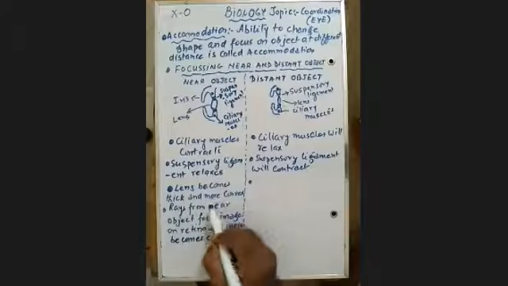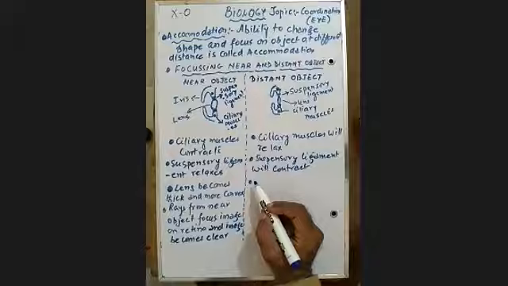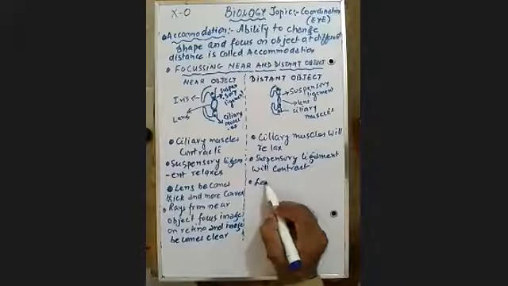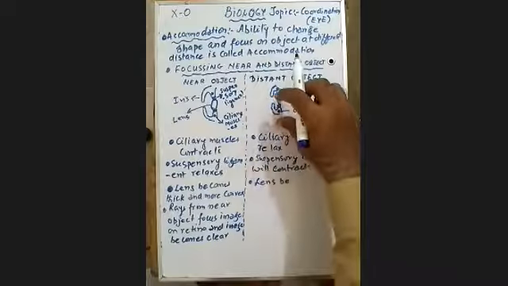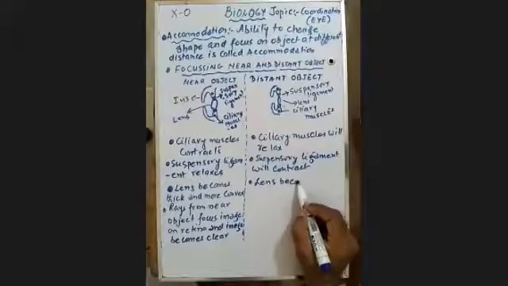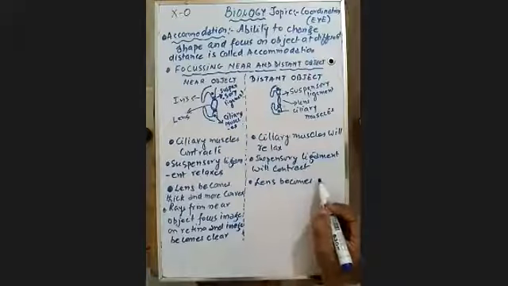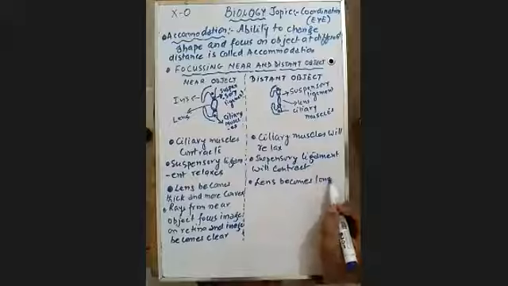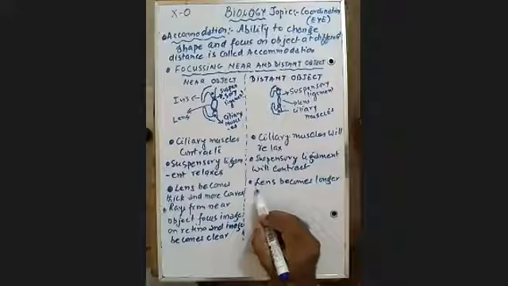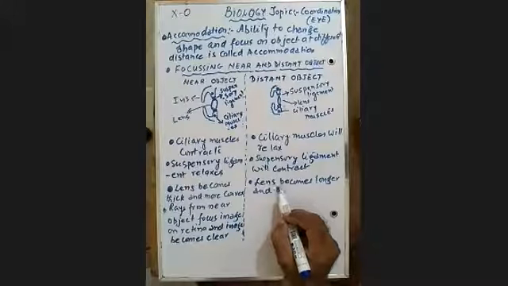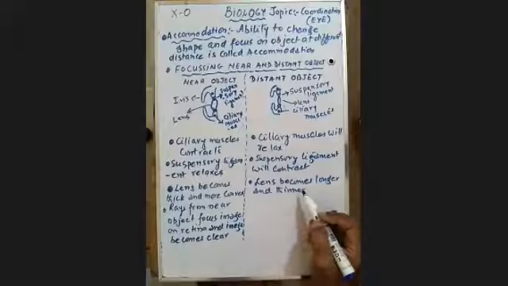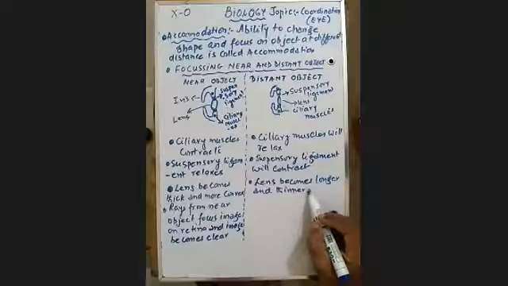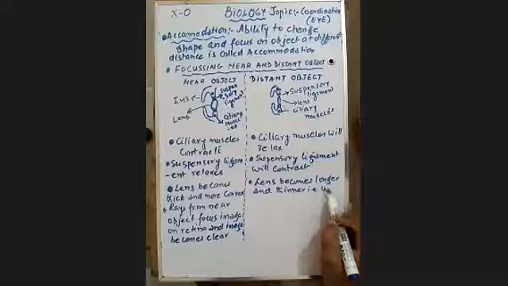Here the lens becomes thick and more convex; there the opposite will happen. When the suspensory ligament pulls on both sides, the lens becomes longer and thinner.